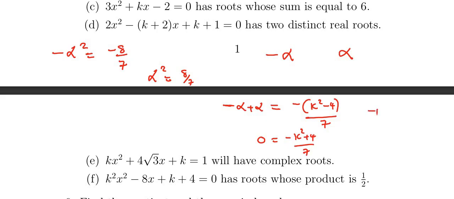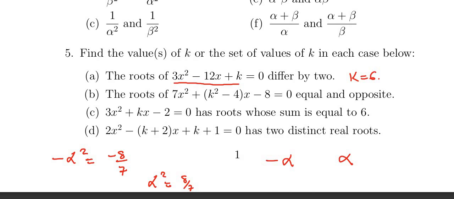Cross multiply, you get negative k squared plus 4 is equal to 0, meaning negative k squared is equal to negative 4, meaning k squared is equal to 4 when you square root, meaning k can either be plus or minus 2. So no wonder they were giving us a two-way case to say it can either be value or values. Like here we just found it to be 1, right?